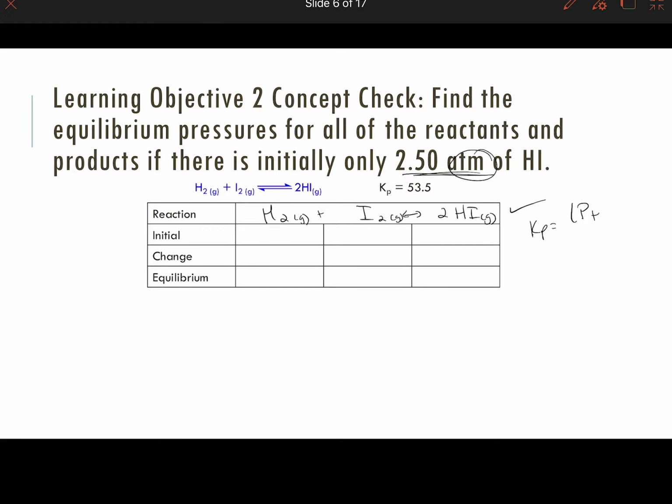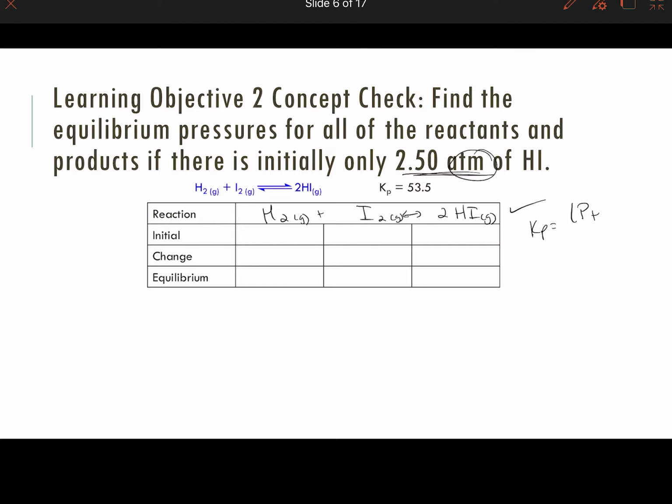Here we start out with a partial pressure of 2.5 atmospheres for HI, but that's the only thing we start out with. So we start out with zeros here and here. In order to reach equilibrium, we have to go from products to reactants. So we're going to do minus 2x here, plus x, plus x. So our equilibrium row would be x, x, 2.5 minus 2x.